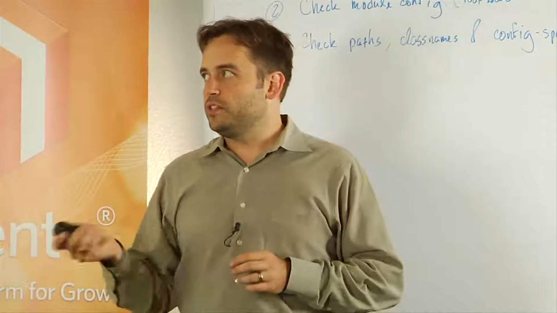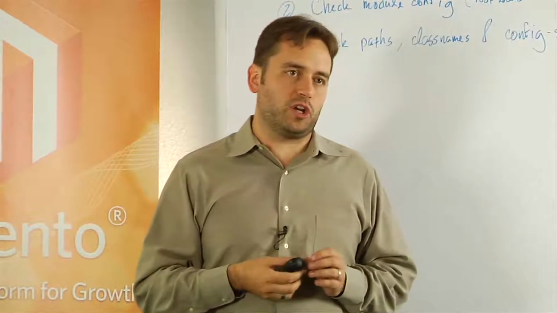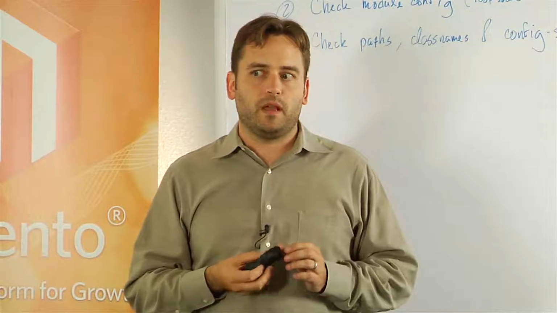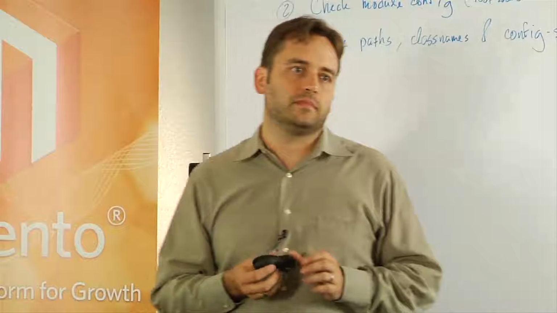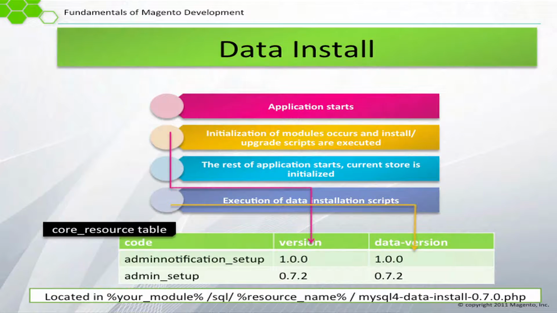So data installs exist for scoping. And that's really the big difference between the two. And that file would be named with MySQL data install instead of install or data upgrade.